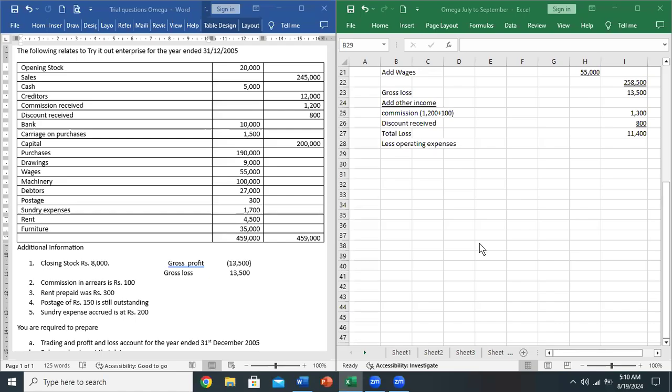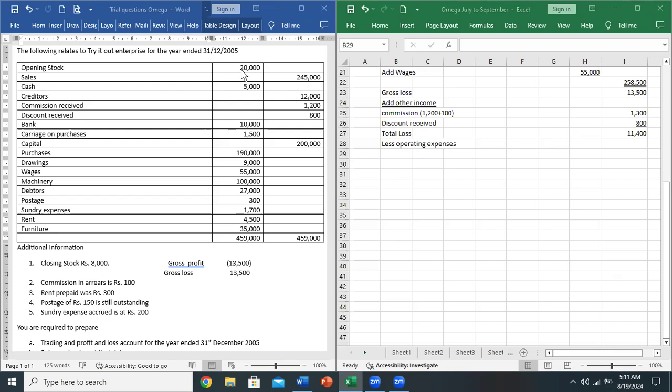We now have the total income, which is negative, so a total loss, less operating expenses. For your expenses, you go to the debit side and pick all of them: the rents, the salaries, postage, telephone, etc. So let's go through.